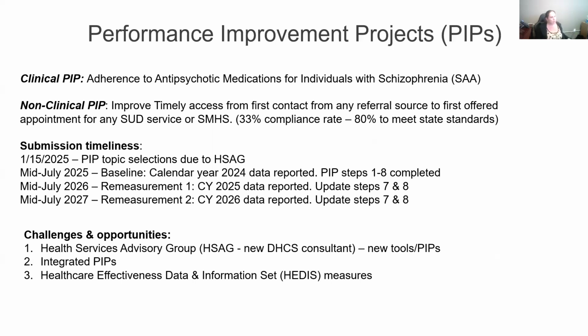So if we're talking about follow-up after first contact to any referral source, this HEDIS measure technically is measuring how effective Partnership Health Plan is in meeting that timeliness standard. And all of those get put together, and that's how we come up with the HEDIS standard.